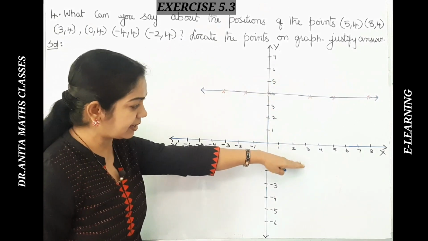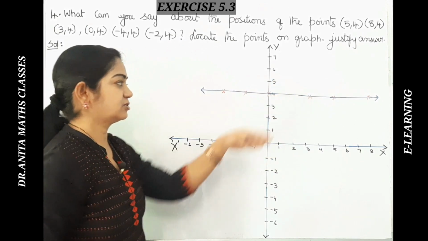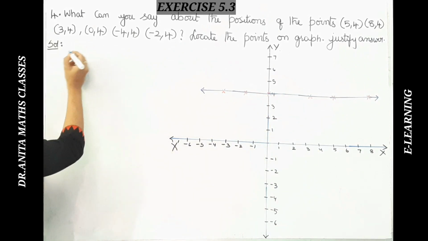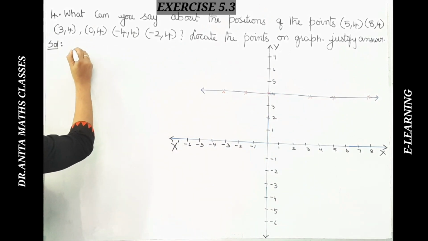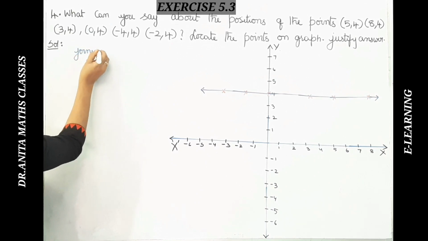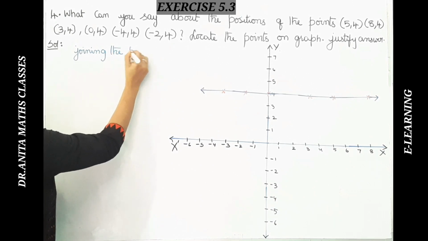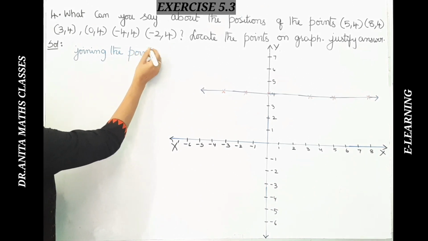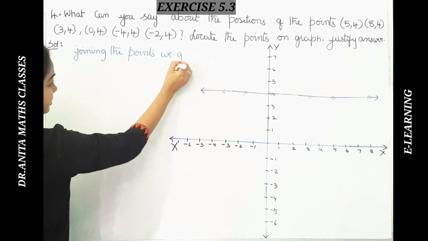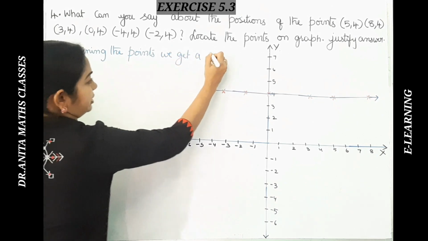This is looking parallel to the x-axis, isn't it? So write that: joining the points, we get a straight line.